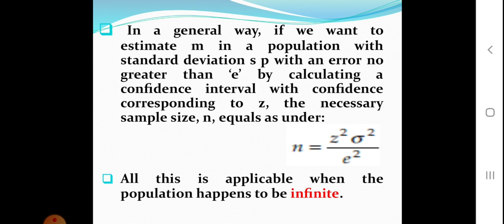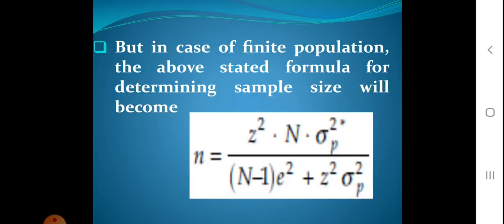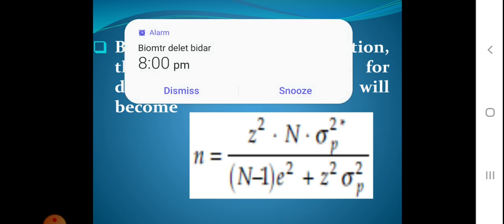Okay, infinite. But in case of a finite population, the above stated formula for determining sample size will become like n equals Z squared multiplied by N, that is capital N, multiplied by the standard deviation of the population squared and divided by N minus 1 multiplied by E squared plus Z squared times the standard deviation of the population squared.